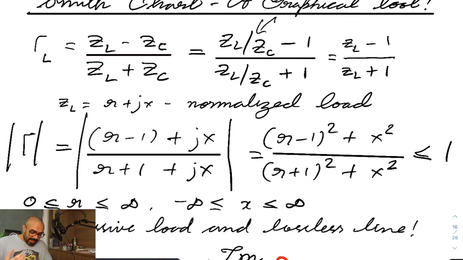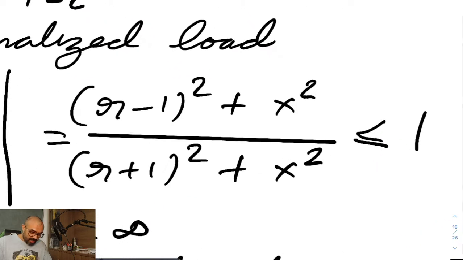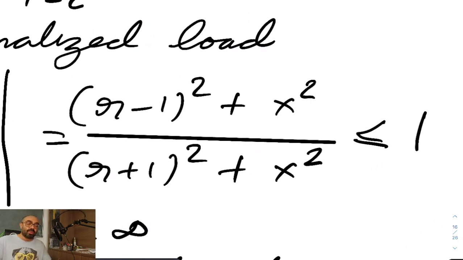Here, for the normalized ZL or z at any other input impedance as well, R can range from 0 to infinity, and X can range from minus infinity to plus infinity. Substituting this, we see that mod gamma is given by R minus 1 squared plus X squared by R plus 1 squared plus X squared.